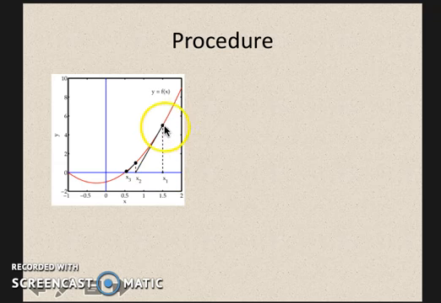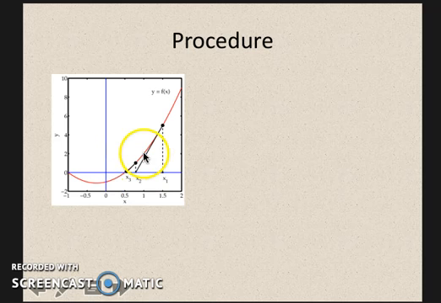Let's say this is an initial guess of x1. Let's say this is a zoomed in graph. As we see, this x3 is pretty close to the real zero of the graph.